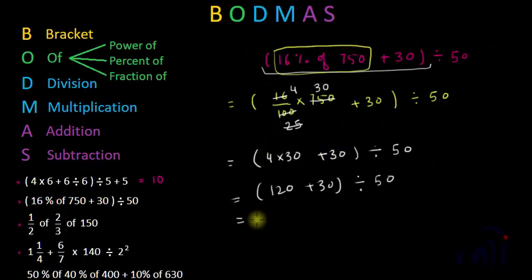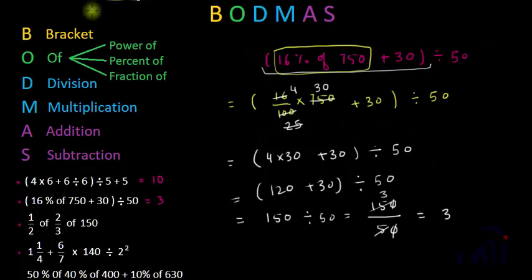So 120 plus 30 is 150 divided by 50. 0 will cancel this 0 and 5 3s are 15. So we can write over here the value of this expression is actually equal to 3, right? And now let's take another expression and try to solve it.